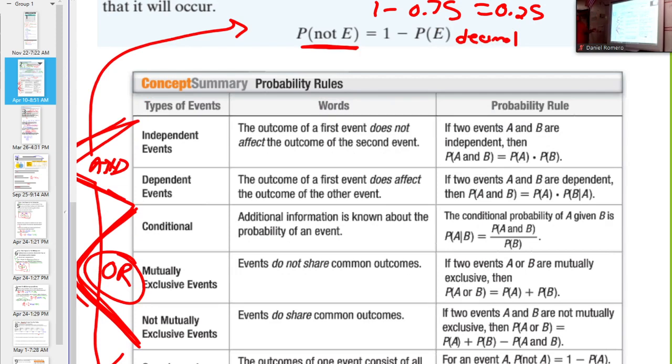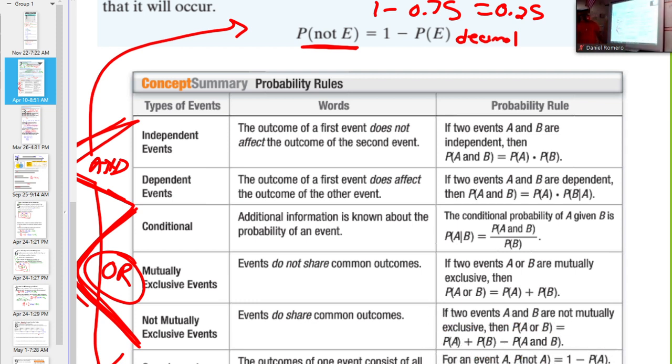Really the only one that you have to remember is that when you're looking at or probability, it's the probability of one event plus the probability of the other, but minus what does the word and mean? The intersection. Minus the intersection. Why? Because you can't double dip.